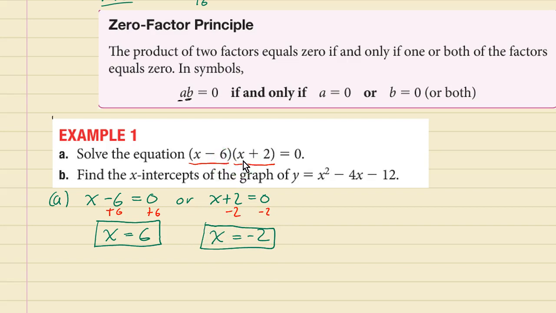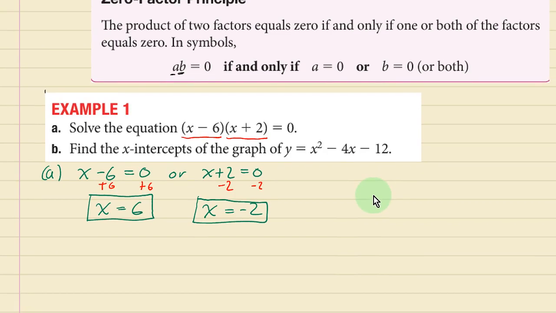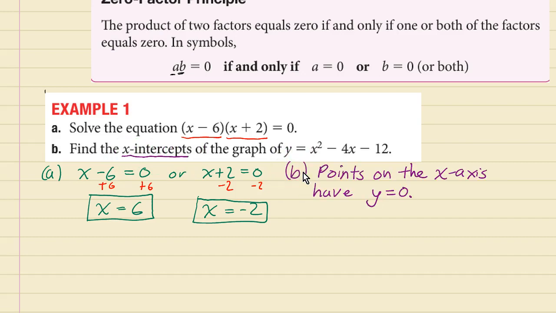Now what does that have to do with the x-intercepts of the graph of this? Well, the x-intercepts, again, a reminder for that, x-intercepts are points on the x-axis, and as we know, points on the x-axis have the y-coordinate equal to 0.